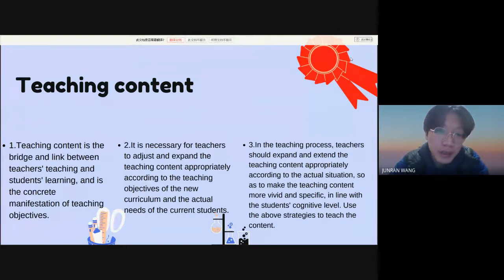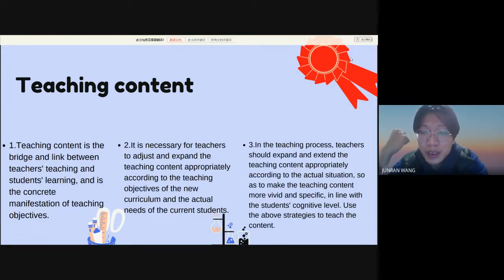Teaching content. First, teaching content is the bridge and the link between teachers' teaching and the students' learning, and is a concrete manifestation of teaching objectives. Second, it's necessary for teachers to adjust and expand the teaching content appropriately according to the teaching objectives of the new curriculum and the actual needs of the current students.